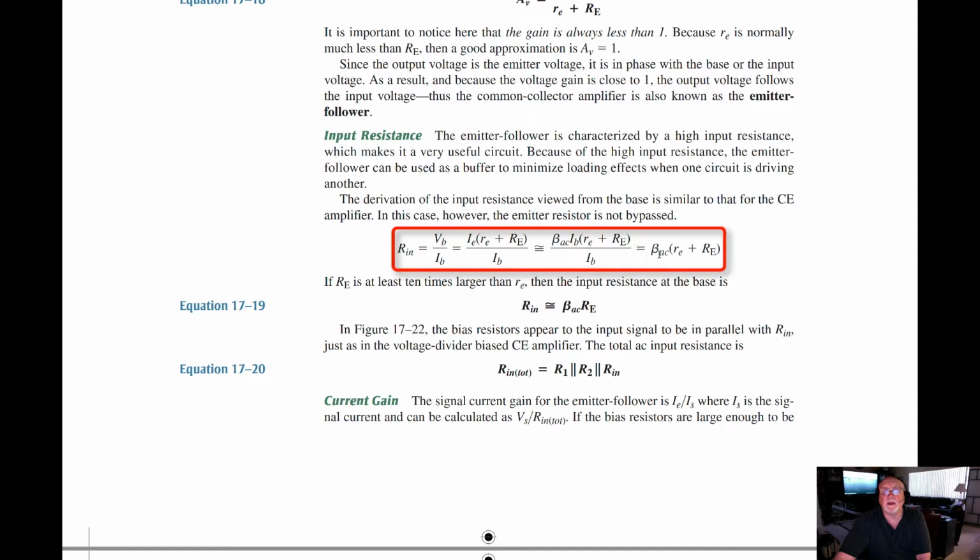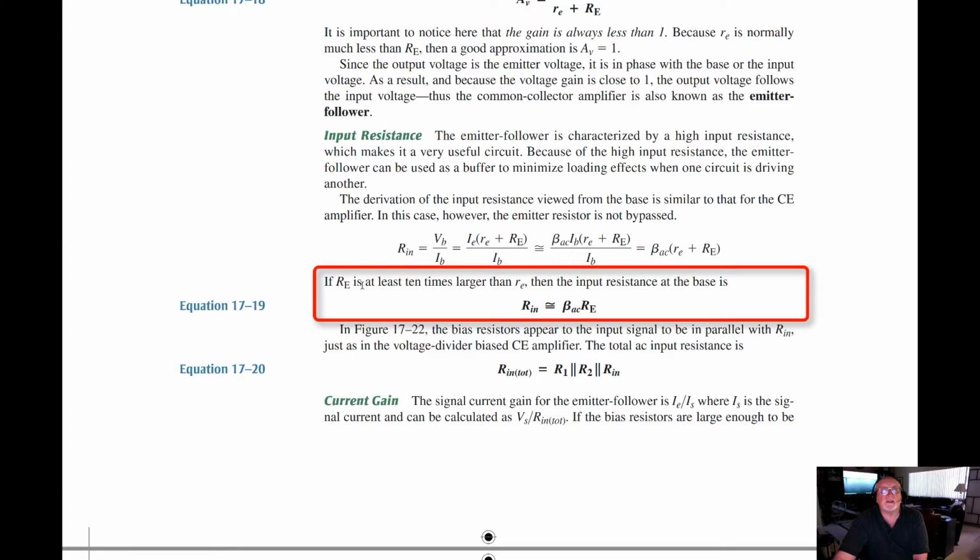We're left with beta AC times the sum (r sub e plus Re). If the emitter resistor is at least 10 times larger than the internal resistance of the transistor, then the input resistance at the base is approximately equal to beta AC Re, because r sub e can be neglected.